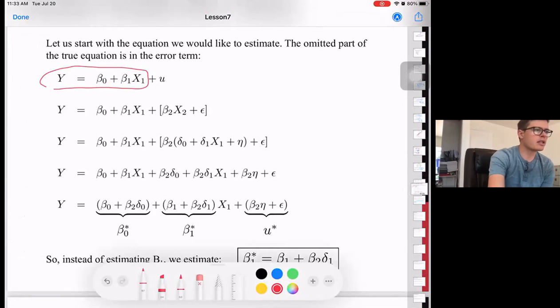What we know is in the background there is an x2 lurking, and everything that's not in the regression is in the error term. So we can rewrite the error term in terms of a part that's explained by x2, and a residual that's not explained by x2. So that's where this is coming from here.